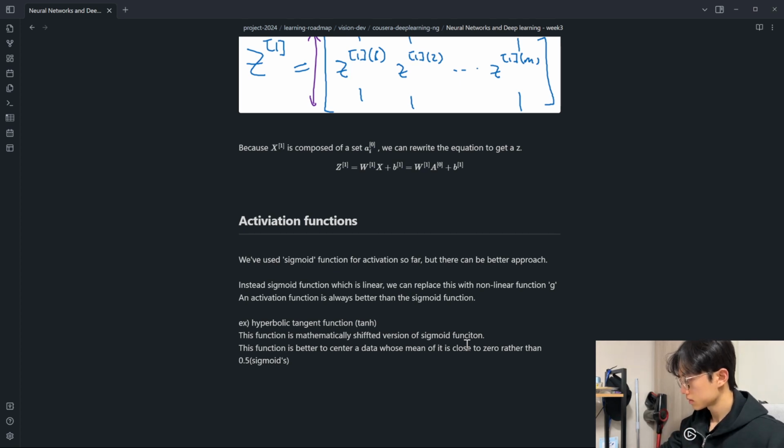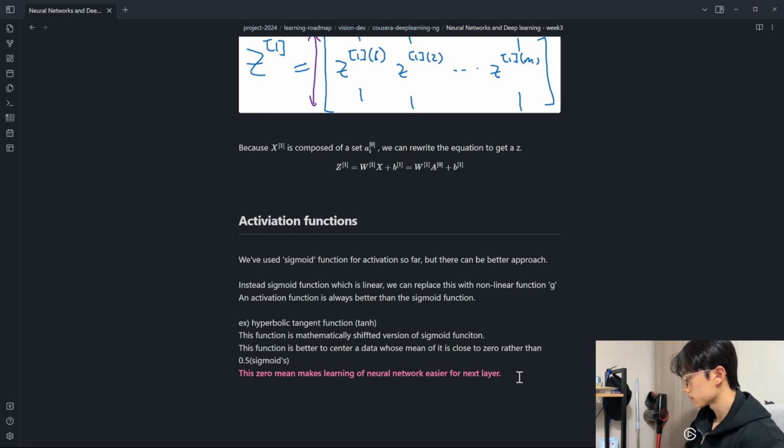We'll say more about this in the second course when we talk about optimization algorithms as well.